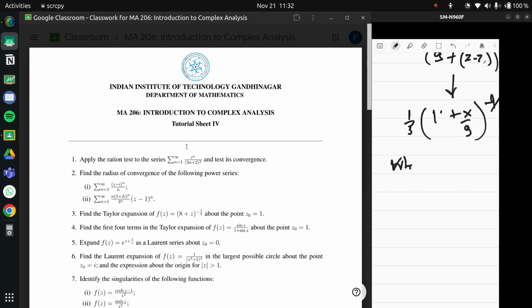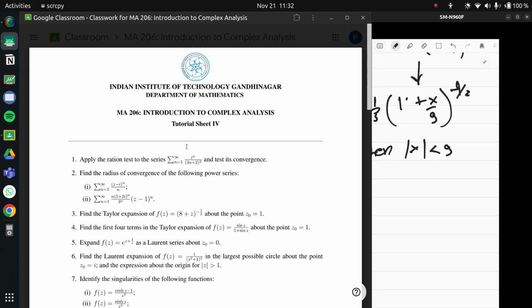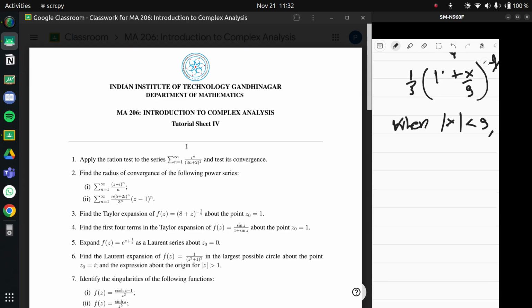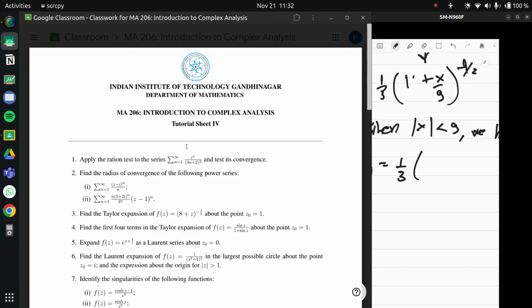So whenever the magnitude of x is less than 9, we have our function f equal to 1/3, and then you got this stuff, so it's just 1 minus 1 by 2 times x by 9. I'm just going to write x directly at this point, z minus z naught by 9.